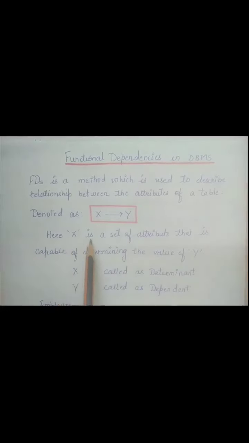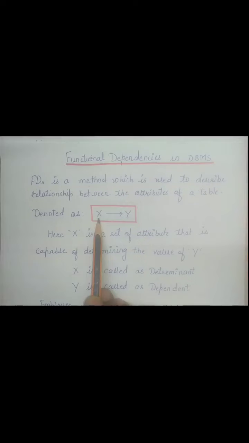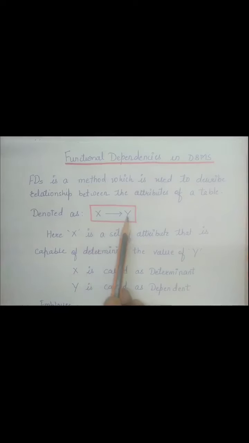Here X is a set of attributes that is capable of determining the value of Y. With the help of X, we determine the value of Y. X is called the determinant and Y is called the dependent. Y is dependent on the determinant X.